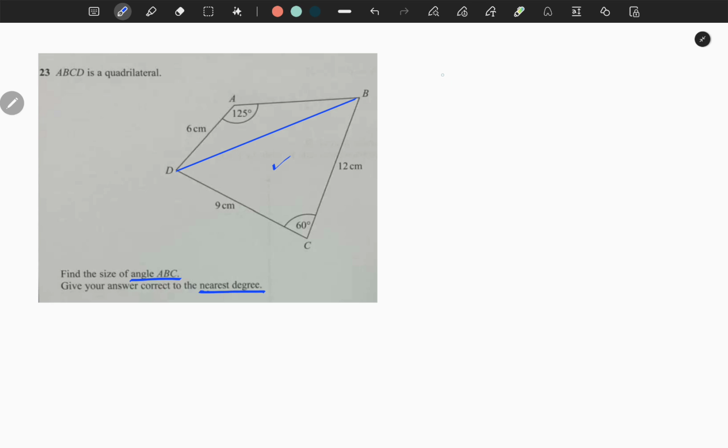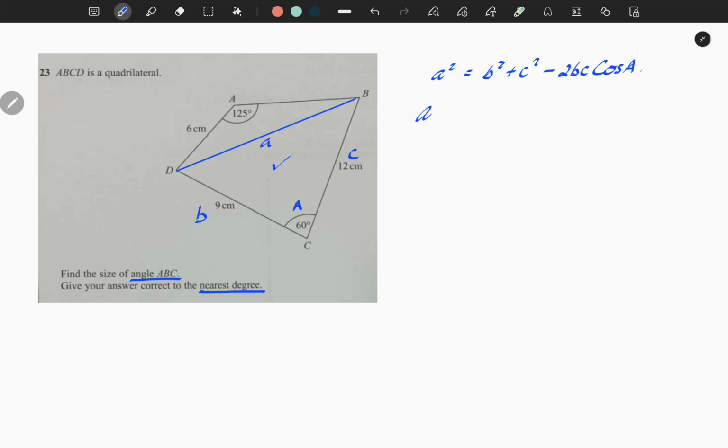Quick reminder, cosine rule: a squared equals b squared plus c squared minus 2bc cos A. If we label this one B, that one C, and this is going to be angle A, then DB is effectively side a.